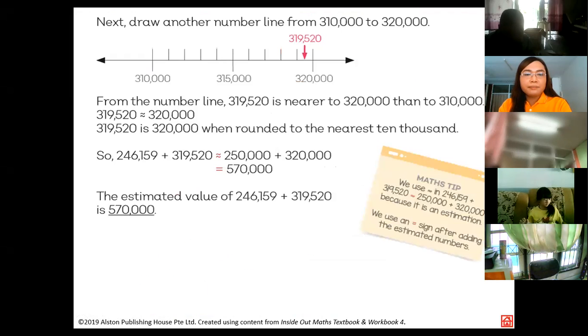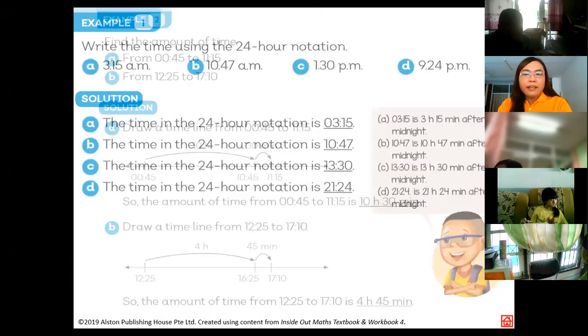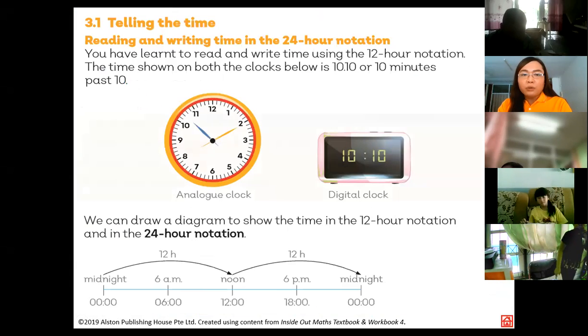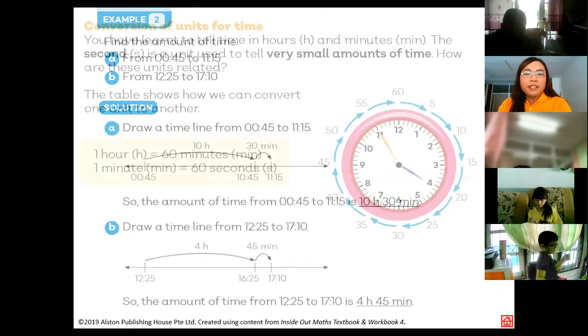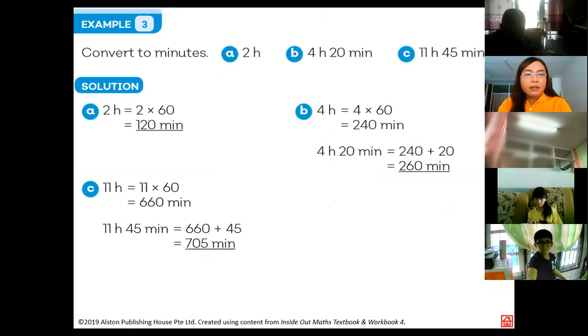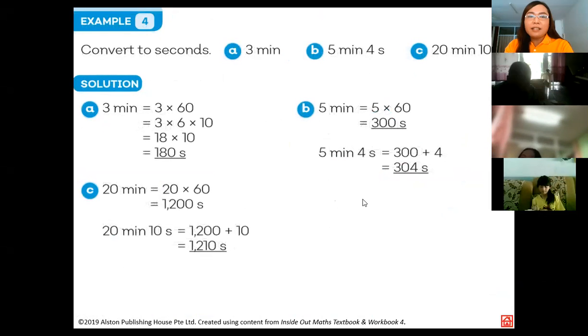Okay. All right, so last time we converted hours into minutes. Now let's try to convert minutes to seconds. So open your math textbook on this page, example number 4.